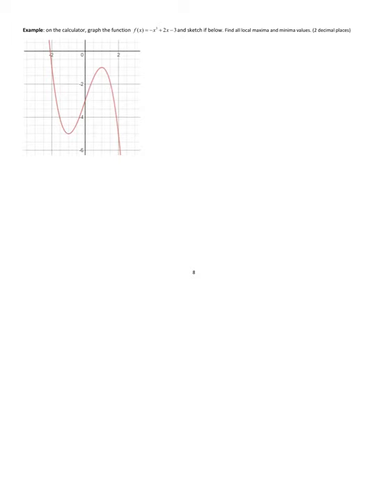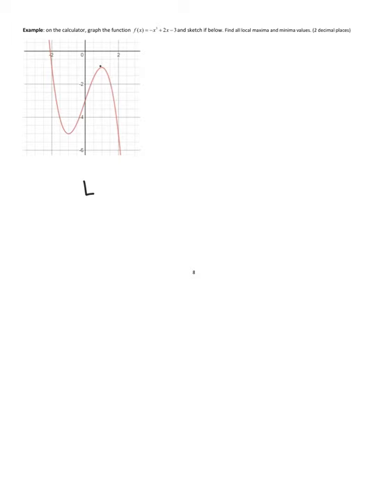Okay, now continuing, and some examples here. So here we have a function. We are told to find the local maximum. So where is the local maximum? So the local maximum is this point.